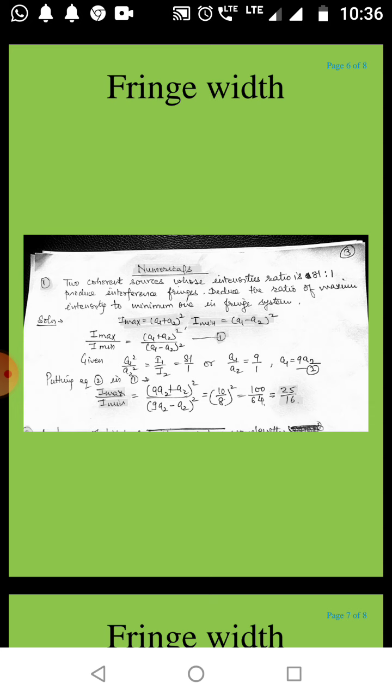We can write 9A2 in place of A1, then I maximum upon I minimum is equal to (9A2 plus A2) upon (9A2 minus A2) whole square, which is (10 upon 8) whole square, or 100 upon 64. So the ratio of maximum intensity to minimum intensity in the fringe system is equal to 25 upon 16.